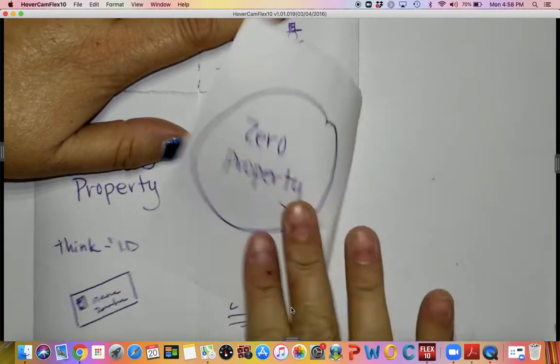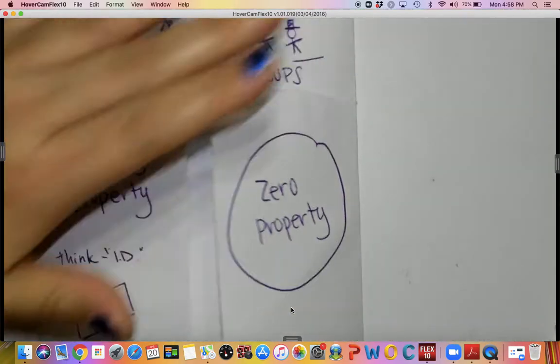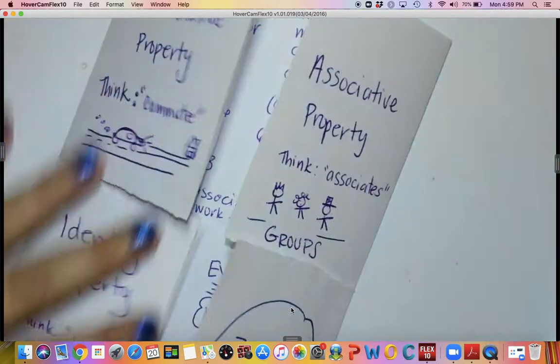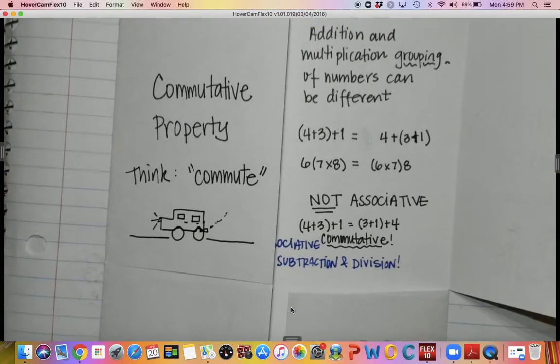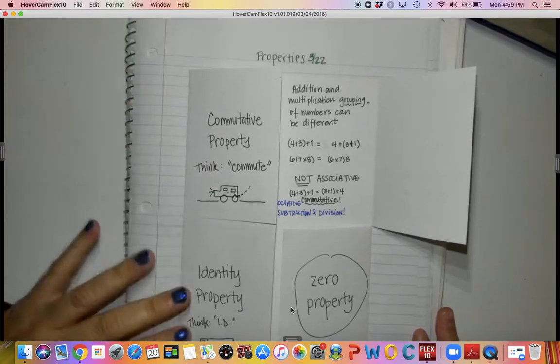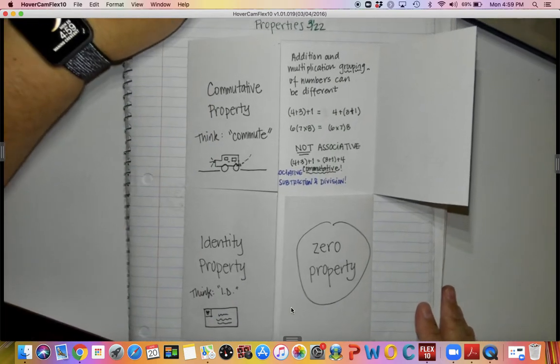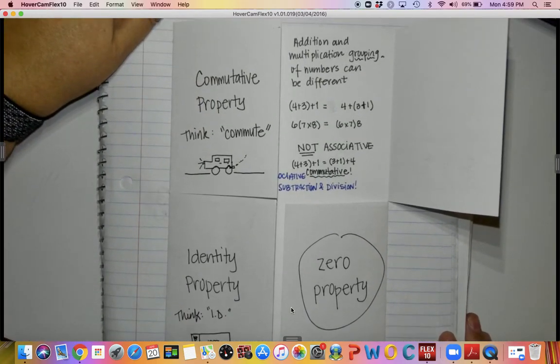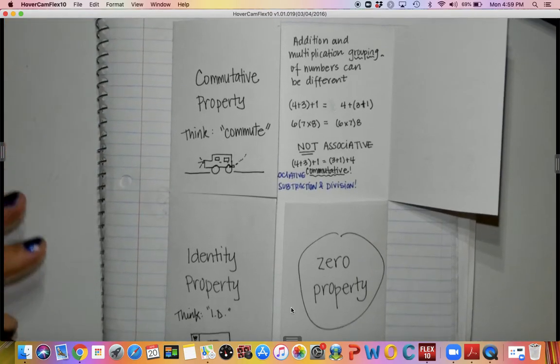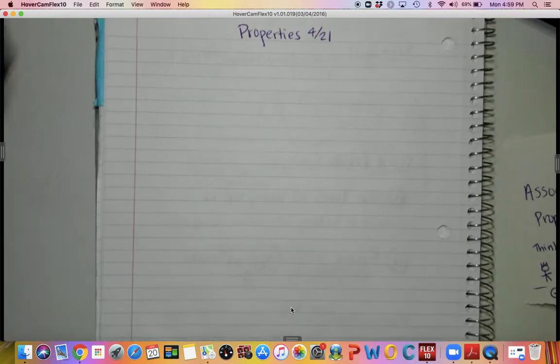Okay, so now that we have our little booklet here, what you'll do is you'll take the back side and you'll either put some glue on it or get some tape. I glued mine. And stick it into your notebook. This is from last year. On that page where we wrote properties. Let me find my glue stick.